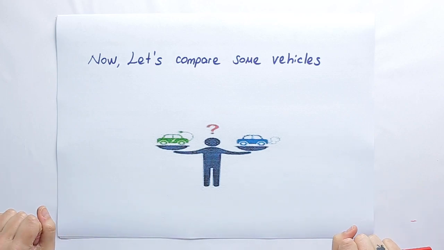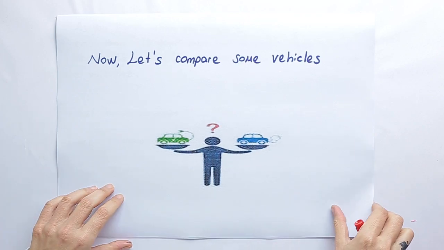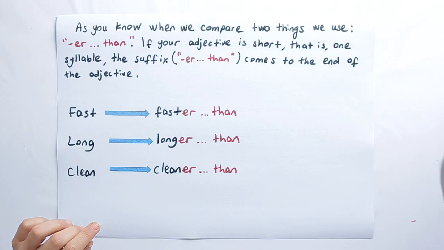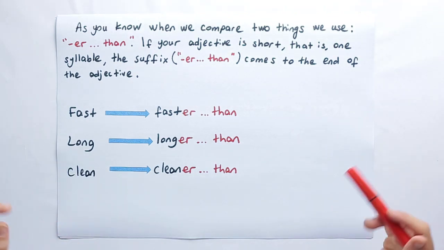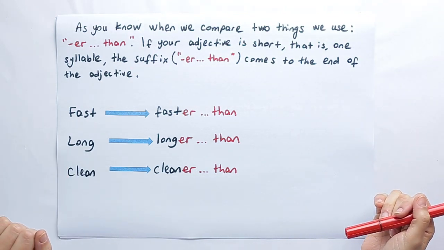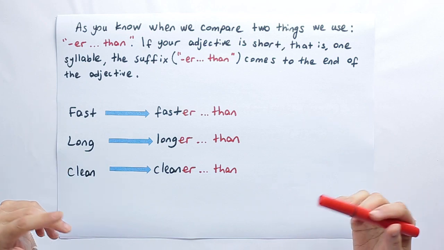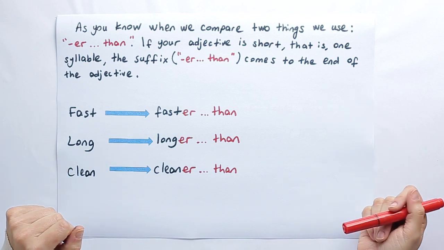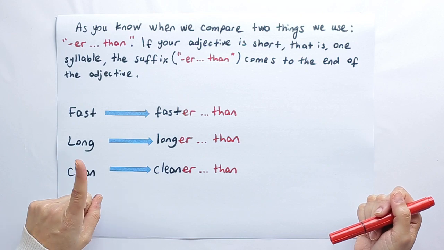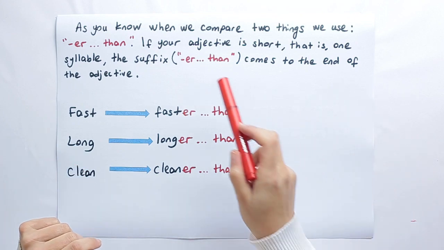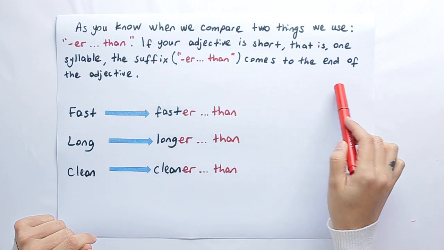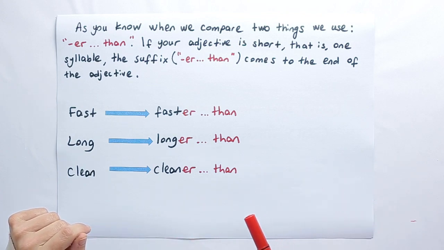Now, let's compare some vehicles. As you know, we compare two things. We use er than. If your adjective is short, that is one syllable, the suffix er comes to the end of the adjective.